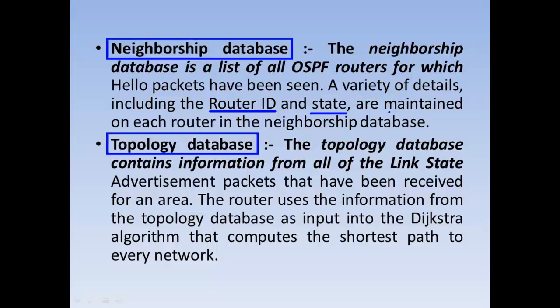Then the neighbor router starts maintaining a database that this particular router is my neighbor, having this particular router ID, this particular IP and other information about the neighbor router. When they become neighbors, they start exchanging their routing tables and databases with each other. The topology database contains information about all the link state advertisement packets that have been received for an area.